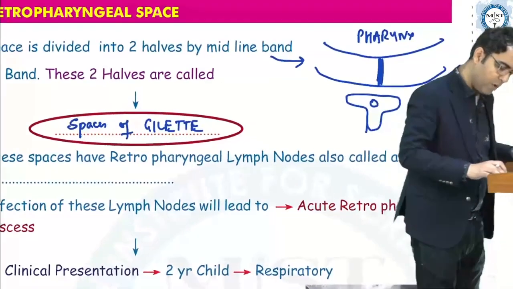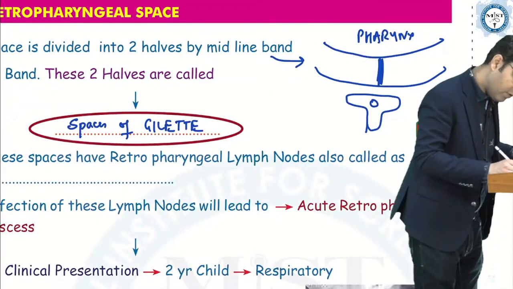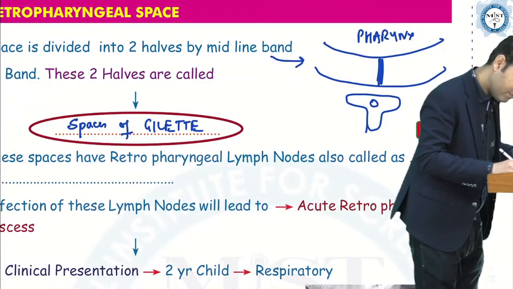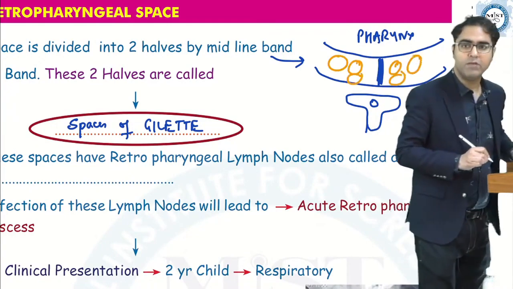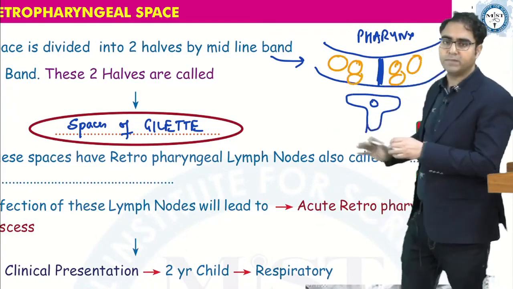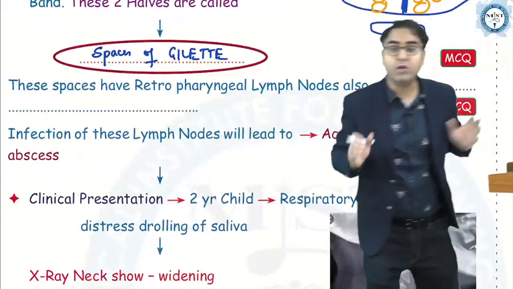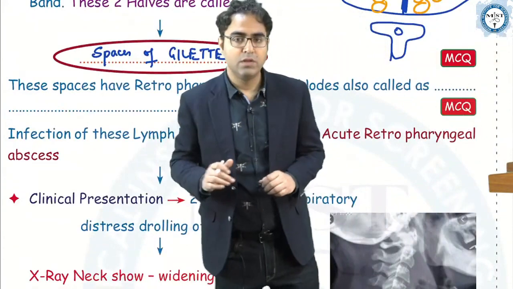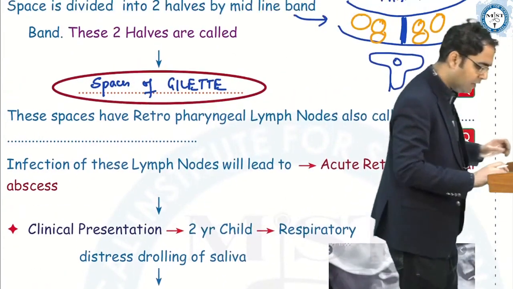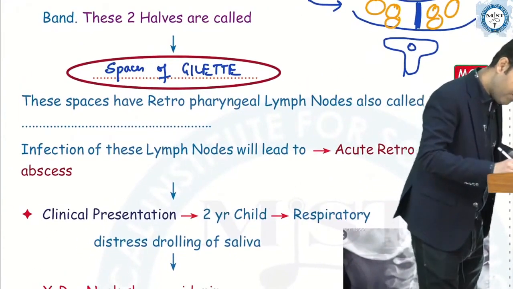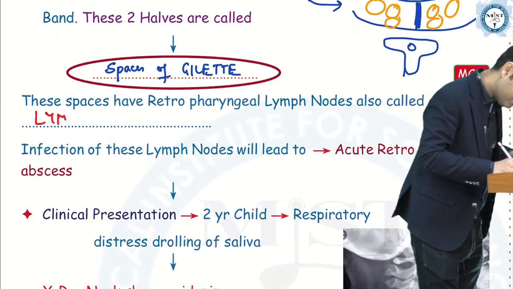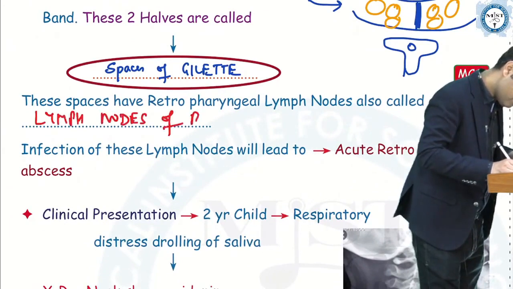Now, all of you draw some lymph nodes in these spaces. Can you draw some lymph nodes there? Now, these spaces have retropharyngeal lymph nodes. The retropharyngeal space has retropharyngeal lymph nodes, also called lymph nodes of Rouvier.